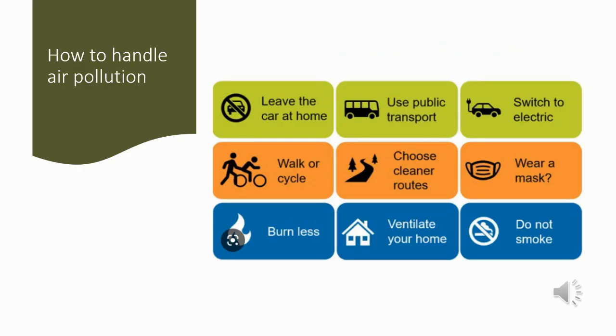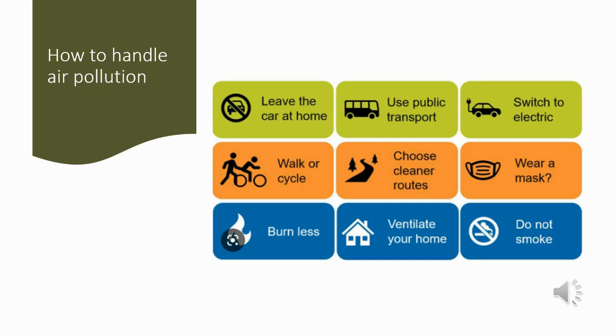How can you protect yourself? Use fewer cars, use public transport wherever possible, and switch to electric, and hydrogen is coming, so that environmental pollution will be lesser and the go green initiative will come. Walk or cycle wherever possible.